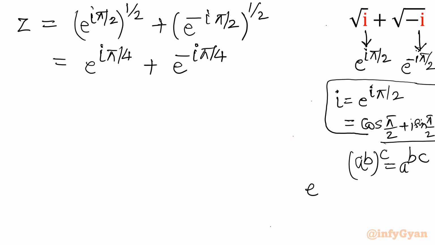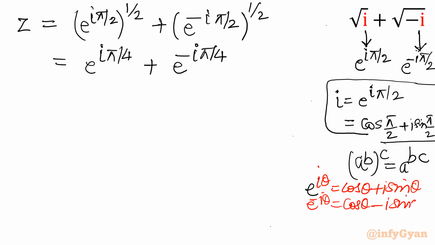See, I can write here. e raised to the power i theta is cos theta plus i sin theta. e raised to the power minus i theta is cos theta minus i sin theta. By Euler's identity, if you simply add, then the sin theta term will get cancelled out.